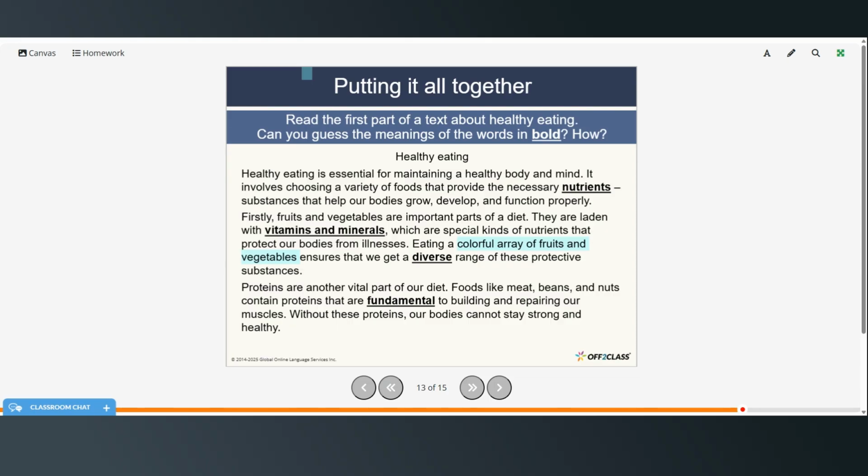And fundamental, again, you can kind of infer that because it talks about building and repairing our muscles. And then without these proteins, our bodies cannot stay strong and healthy. So fundamental might be important or the basis for maintaining health and strength.